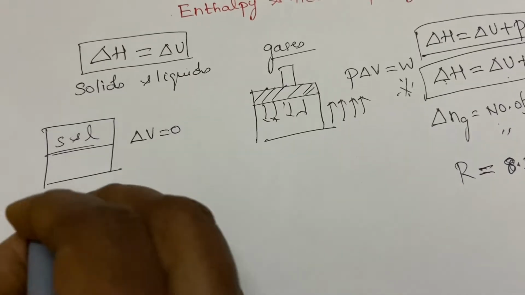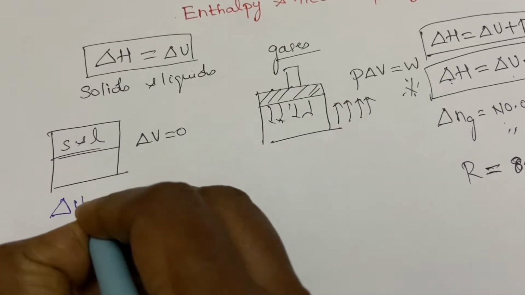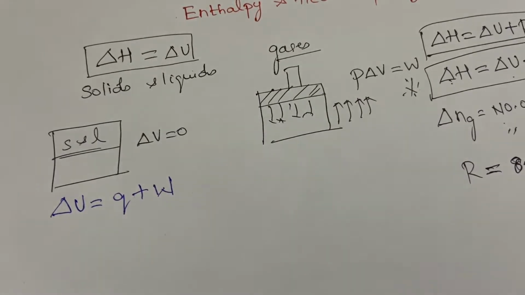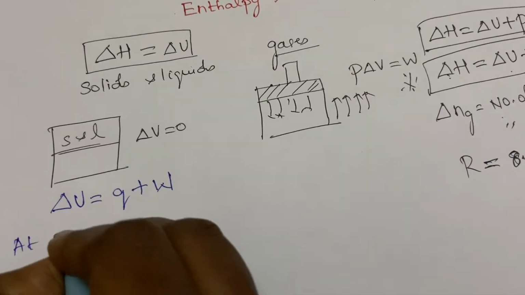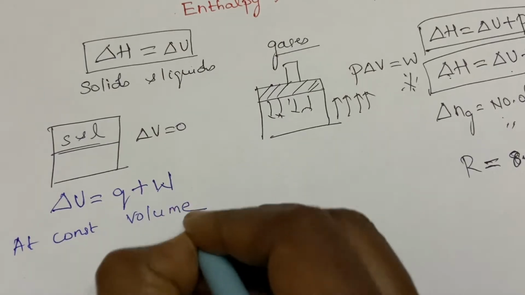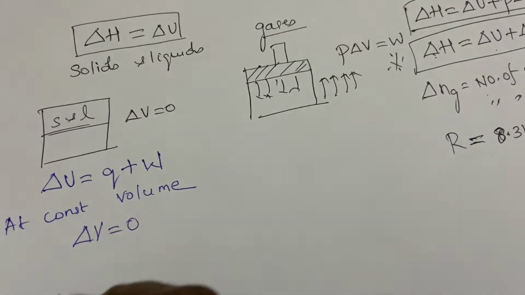One thing I want to tell you: you know that your change in internal energy is nothing but the summation of heat and work done. See what happens at constant volume, students. At constant volume there is no change in volume, so del V is equal to 0.